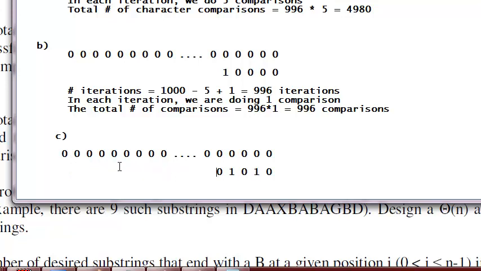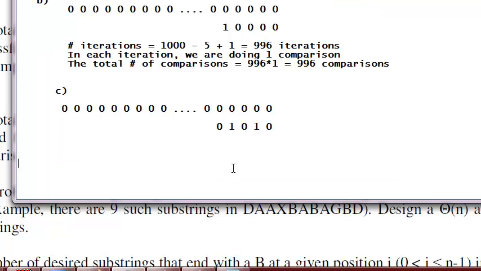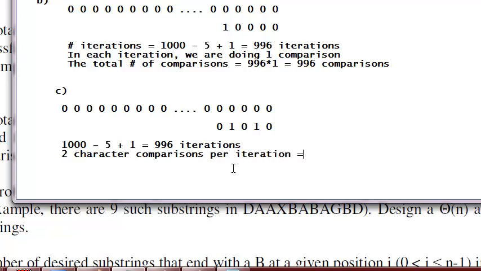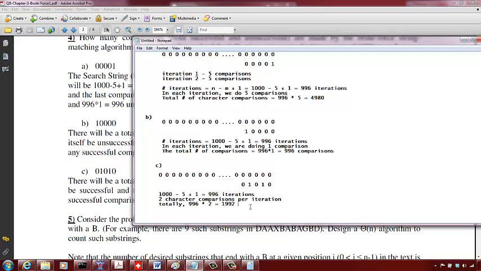Like that we go up to this point where the first character matches and the second doesn't. So again how many iterations? N minus m plus 1, which is again 996 iterations, and two character comparisons per iteration, so totally 996 times 2, that's going to be 1992 comparisons.